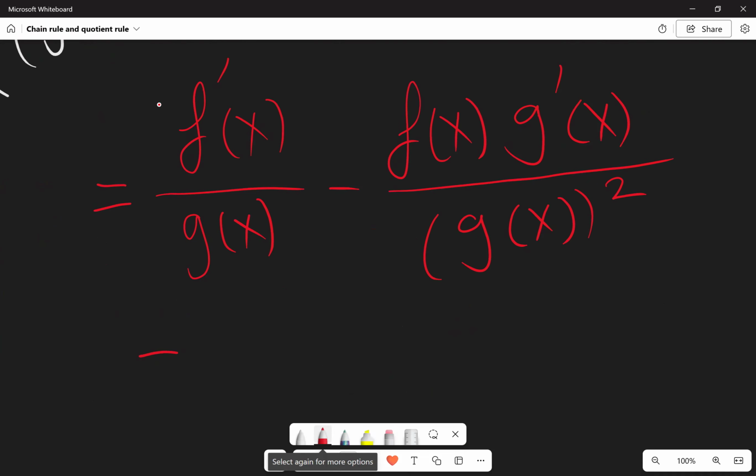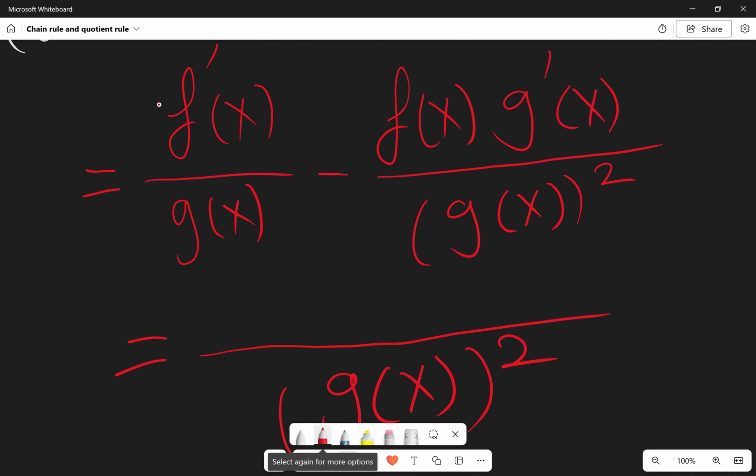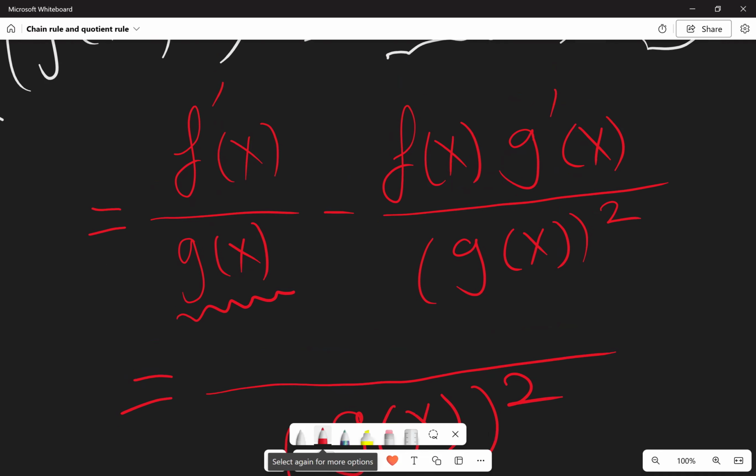Then unifying the denominator, we could put it as g of x all to the power 2. And as we change the denominator here by multiplying by g of x to have it as g of x to the power 2, we need to multiply the numerator also so that we don't actually change the term.